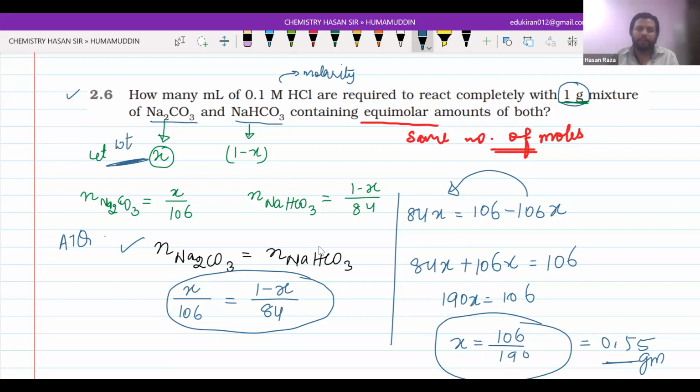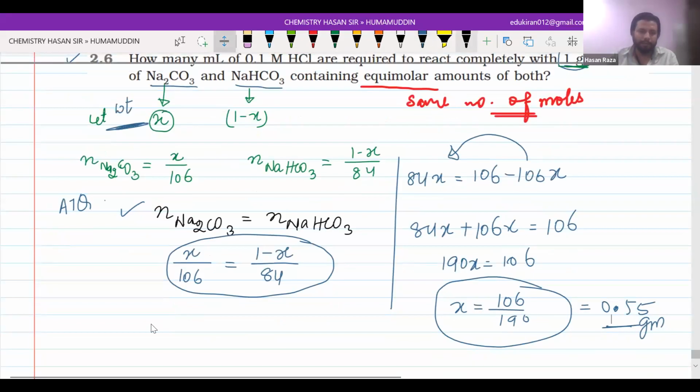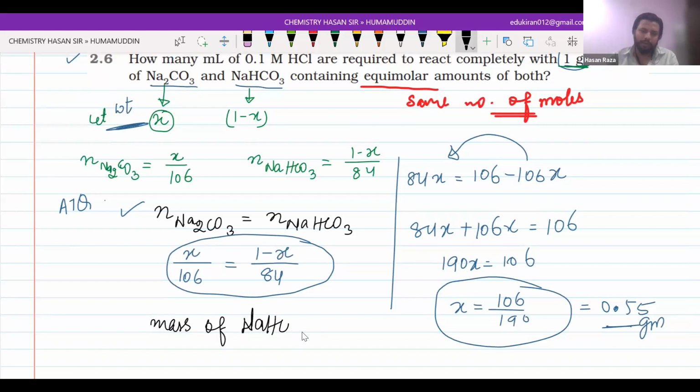Now you can easily calculate the mass of sodium hydrogen carbonate, which is 1 minus X, and it will be 1 minus 0.55. I took approximation, so it will be 0.45 gram. We just calculated the mass of both. Is that clear? Yes, sir.